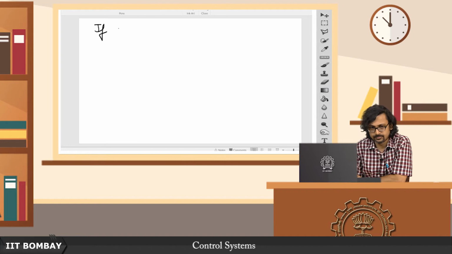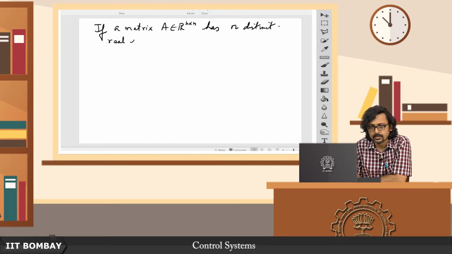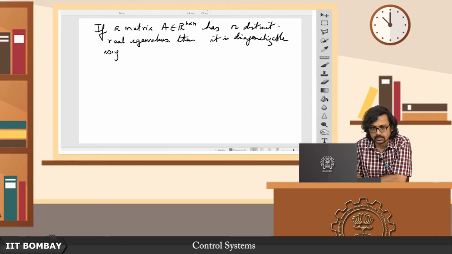So if a matrix A in R n cross n has n distinct real eigenvalues, then it is diagonalizable using a similarity transformation.